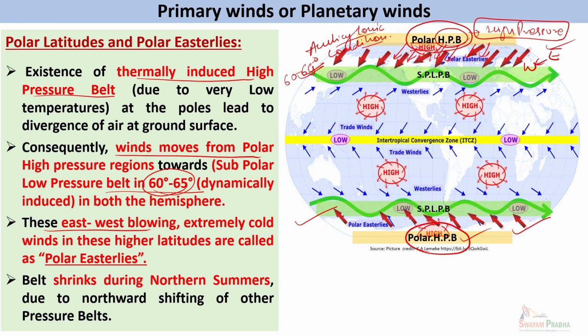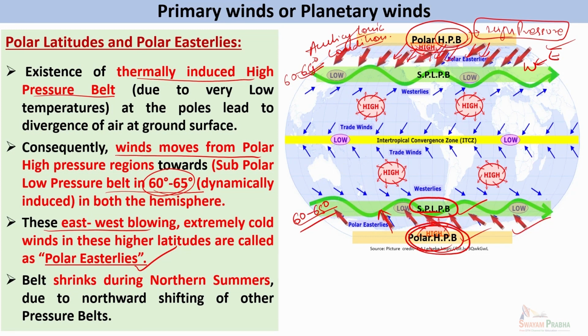These extremely cold winds which blow in east-west direction, from the polar high pressure belt regions of the world towards the subpolar low pressure belt regions located at 60 to 65 degrees in both the hemispheres, are called polar easterlies.